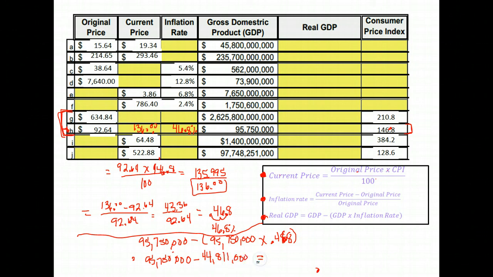We subtract these and we'll have our real GDP, $50,939,000. Okay, so again, that would go right here. Okay, perfect.